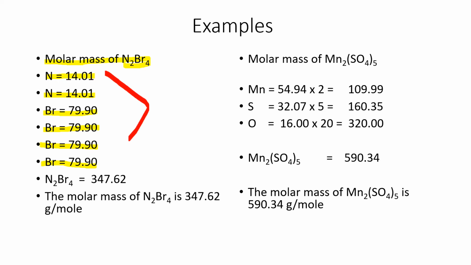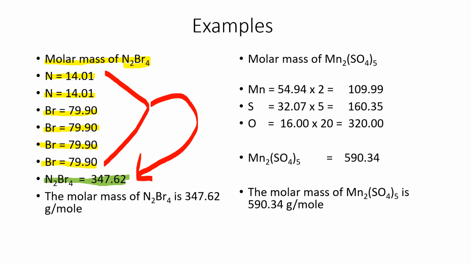We would add together all of these parts to determine what that total is. And when you add all of those parts together, you will get that total. And that total for N2Br4 is 347.62. That's your sum total from combining everything together.